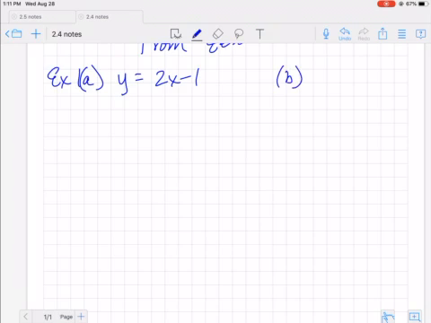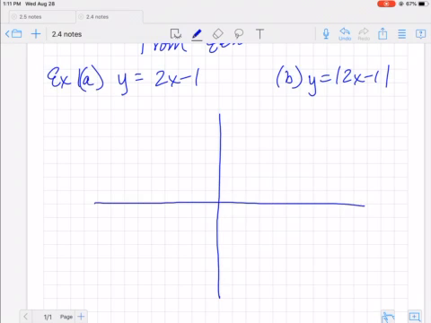And if you think back to when we were talking about our absolute value in that last section, then you remember with your absolute value, it can't be negative, so it looks like a V. So now we're going to look at what it looks like as a line, and then again, what it looks like as an absolute value to try to make those comparisons. Okay, I'm going to put it on this grid to try to make it more accurate.